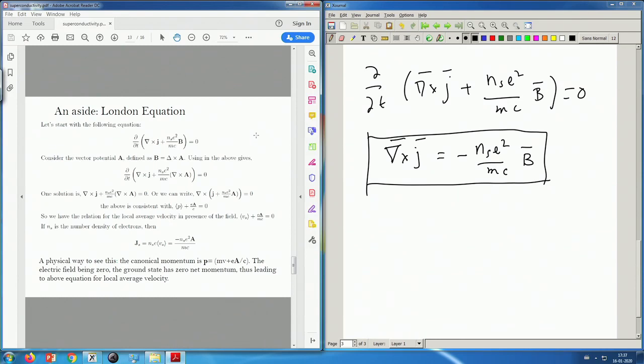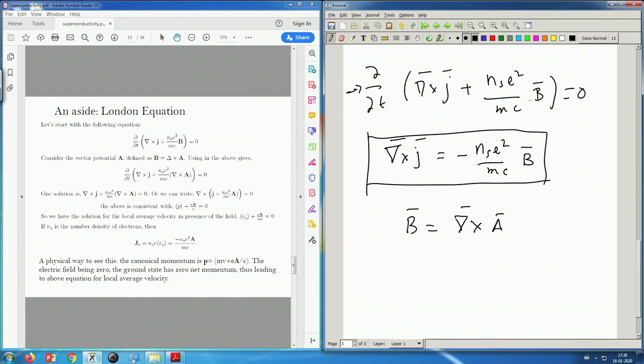So, as an aside, we can discuss the equation that I have written here, del by del t of curl j plus n_s e squared B by m c equal to 0. You can put B equal to curl of A, where A is the vector potential.